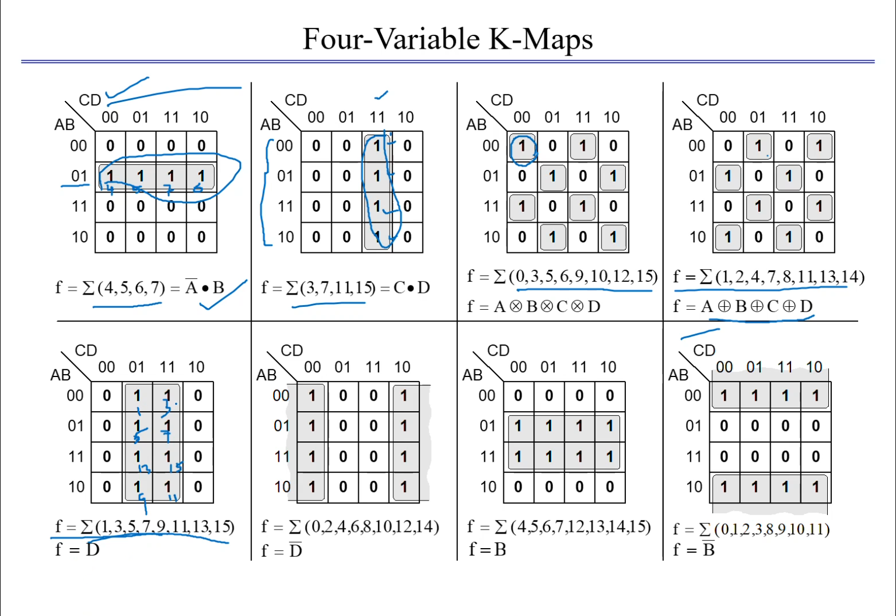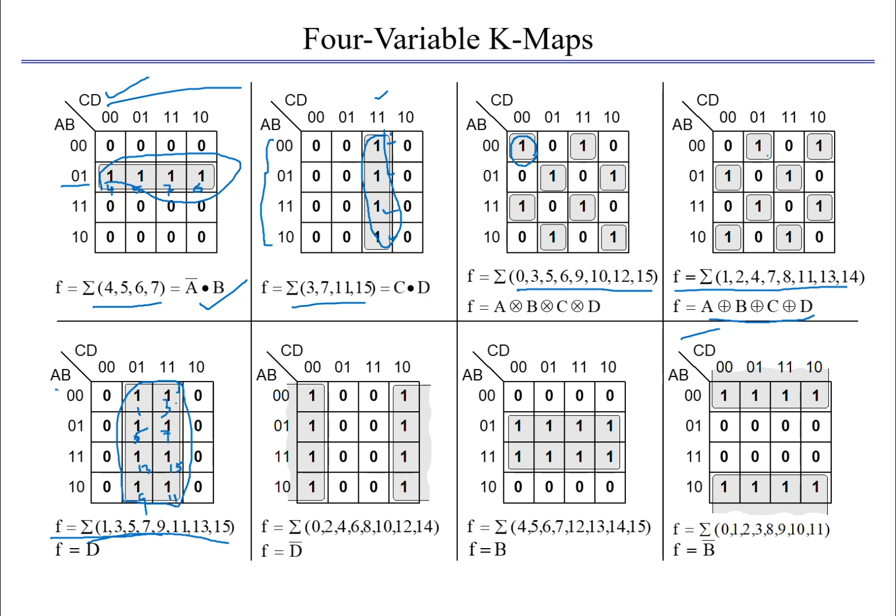Hence, in summation 1, 3, 5, 7, 9, 11, 13, 15, the ones are to be filled in the corresponding cells of the K map and remaining cells are to be filled with 0. Now, all these 8 ones can be combined.